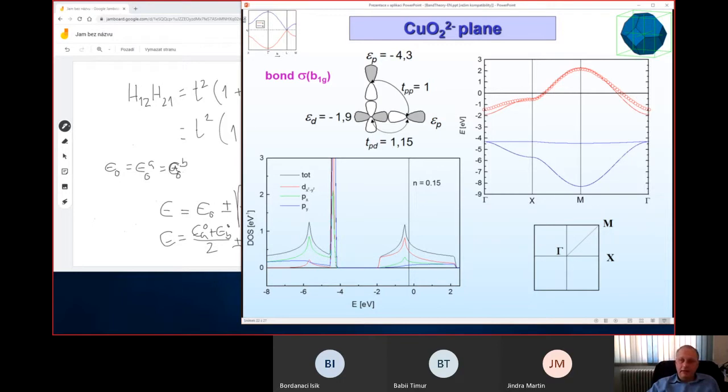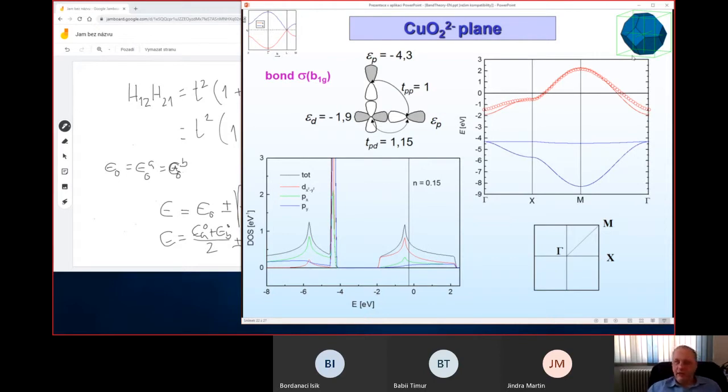And now we have the square planar first Brillouin zone with the origin, gamma point, X point, and M point, and we can plot the band dispersion along these principal directions of the first Brillouin zone.